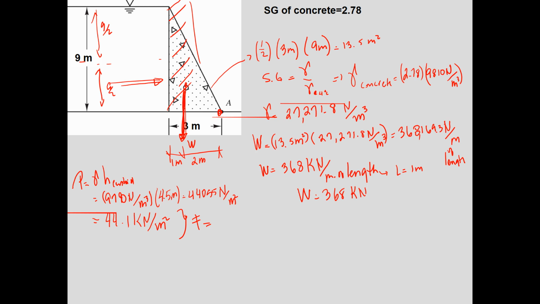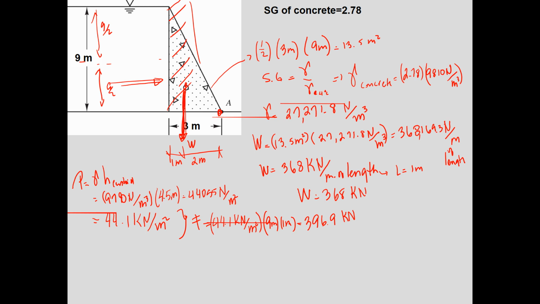So it would be 44.1 kilonewtons per square meter times the area, which would be 9 meters times 1 meter. I'm sorry for the line that shows there. So the average, or the resultant force, would be 396.9 kilonewtons.